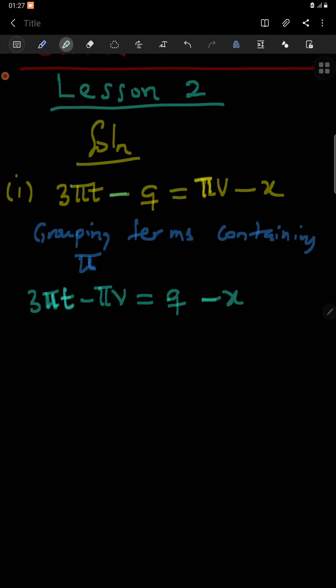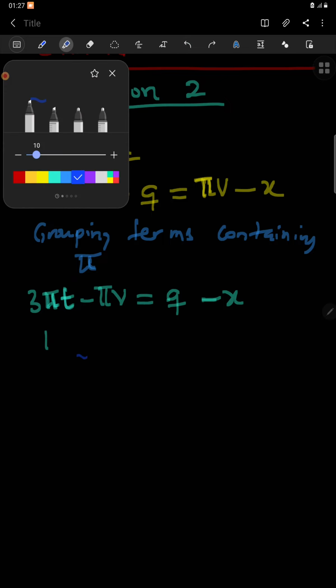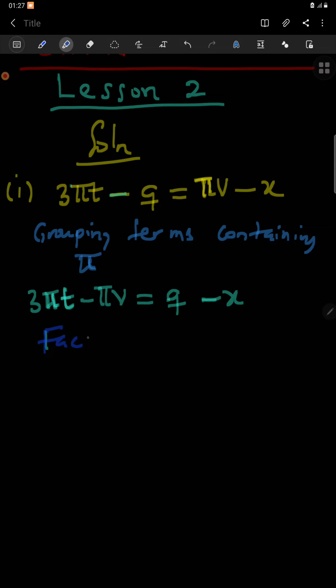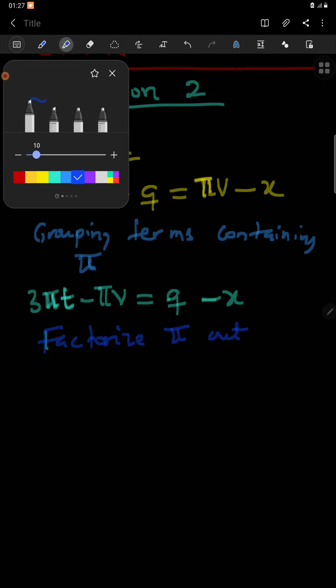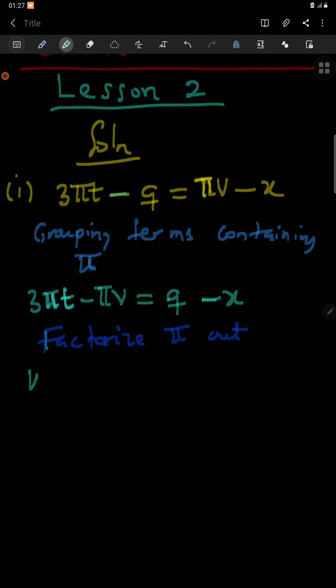All right, so getting this, then we factorize pi out. We factorize pi out, and we are going to get pi out, 3t minus v, equals q minus x.